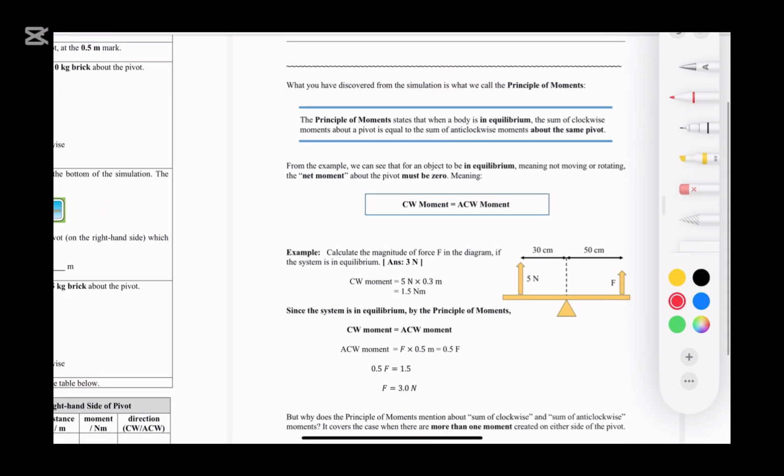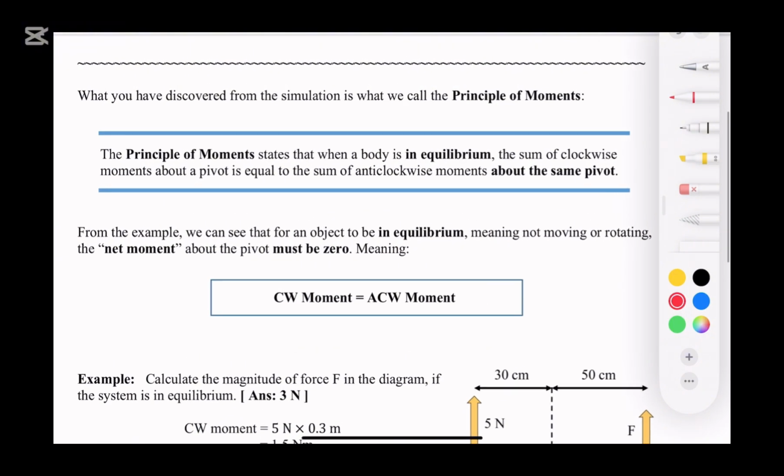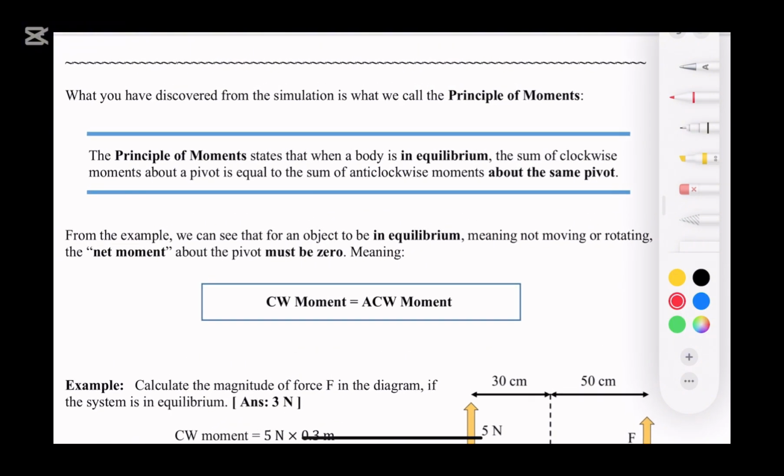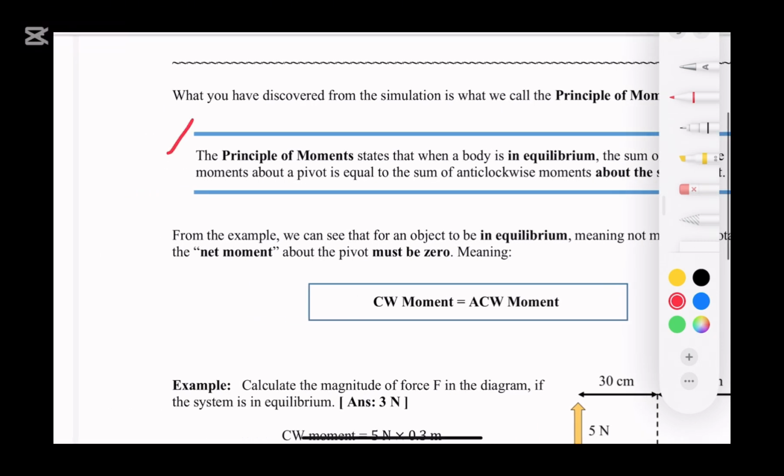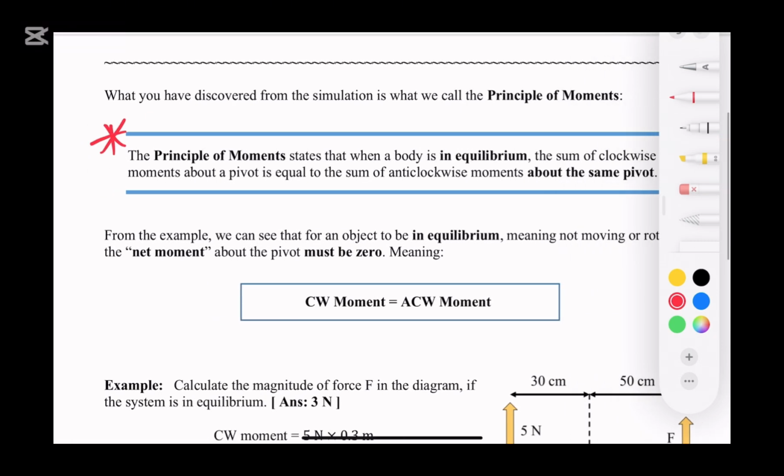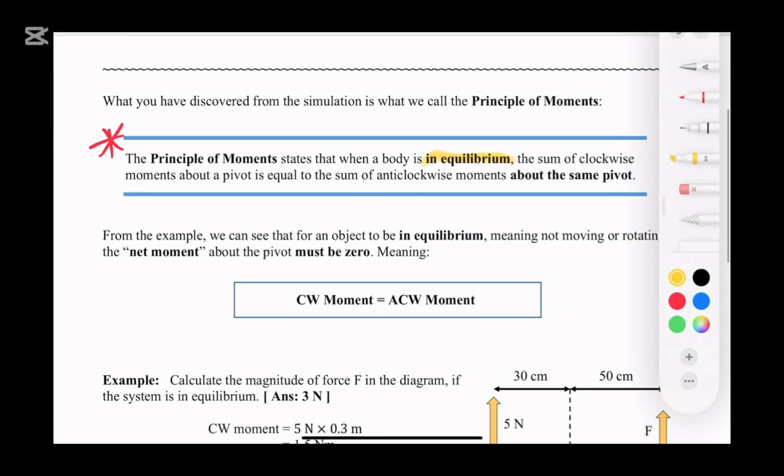But if you do it diligently, you will arrive at this conclusion, which is actually called the principle of moments. Okay, so let me just go through the principle itself, which you should memorize, by the way. The principle says that when an object is in equilibrium, and this equilibrium means two things, I come to that later, the sum of clockwise moments about the same pivot is the same as the sum of anti-clockwise moments about the same pivot.